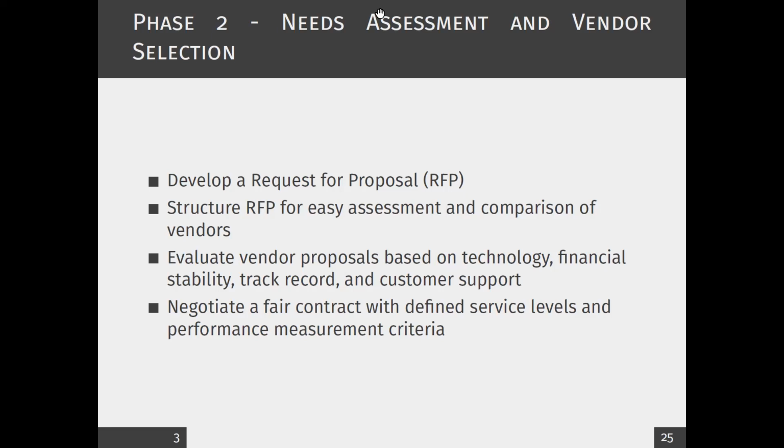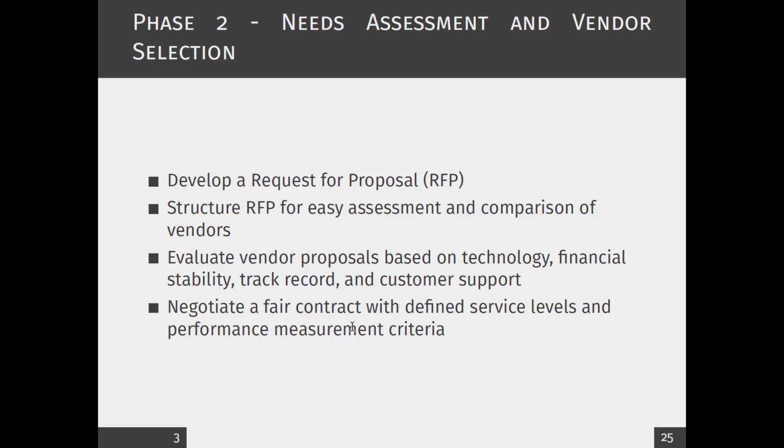Then we have to negotiate the contract, meaning legally there should be a binding between the organization and the vendor. So we have to make it a contract. That means you agree on a predefined set of terms, how the solution works and what the rules and regulations are. When you are setting up a contract, it should be beneficial for the organization.